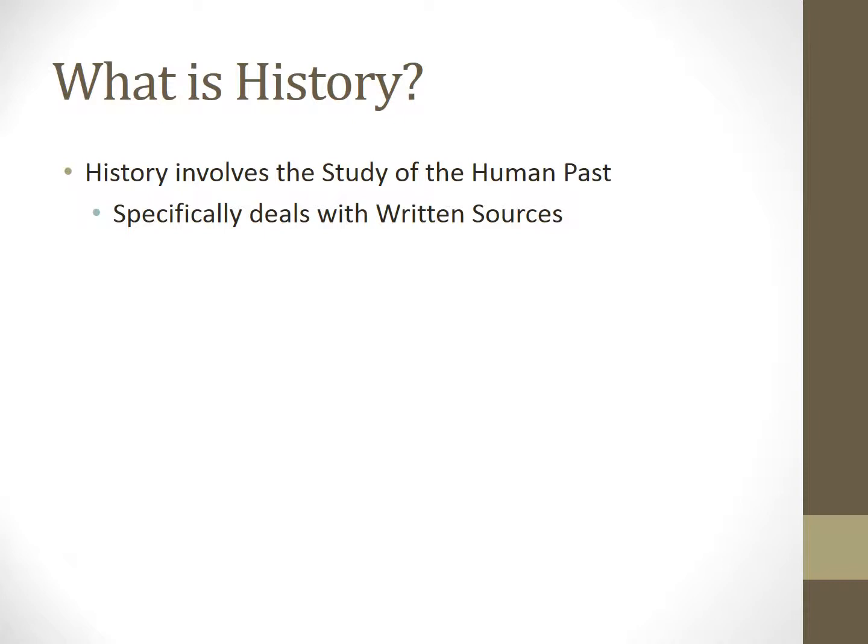Of course, a primary source document is a first-hand account from the time. A secondary source is one that is written through an interpretation by a historian or other individual. It's a second-hand account. Generally, historians deal with written sources, though by no means is that a hard and fast rule.